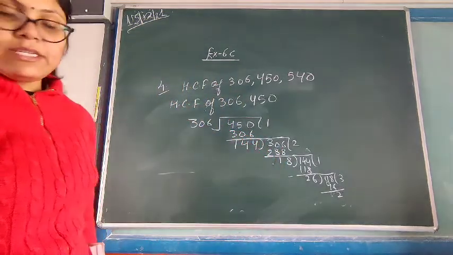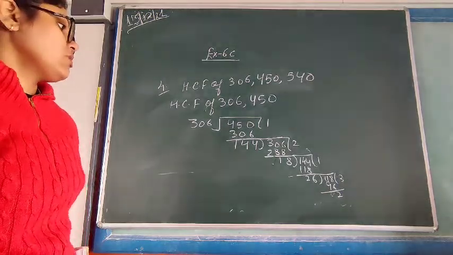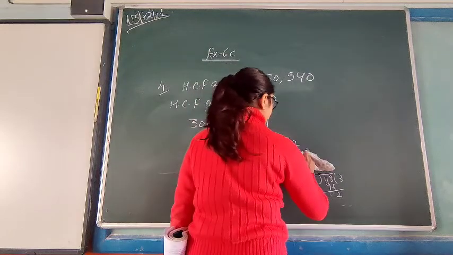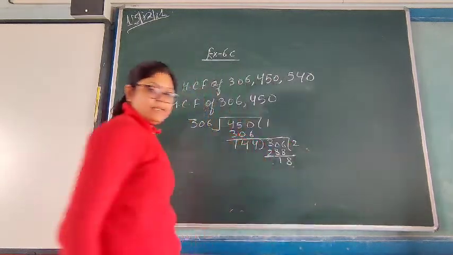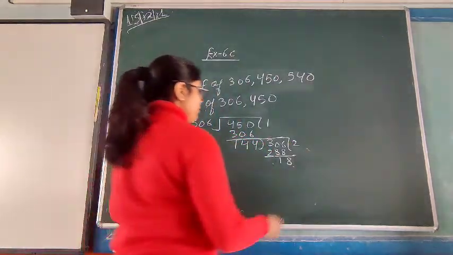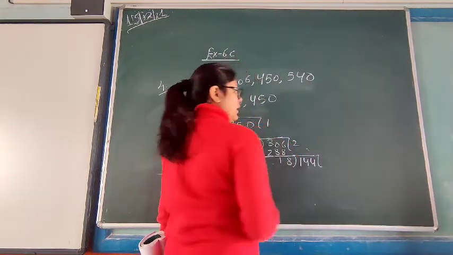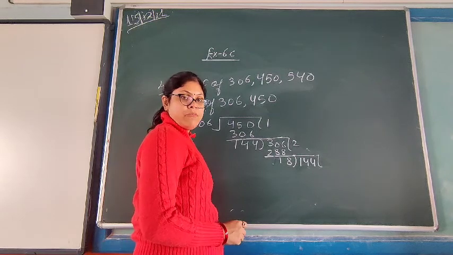this will be 18, so I was doing wrong. Please concentrate here. Till here is correct, then I am doing wrong. 18, okay. Now what will here? 144. Now 18. What we will multiply here?